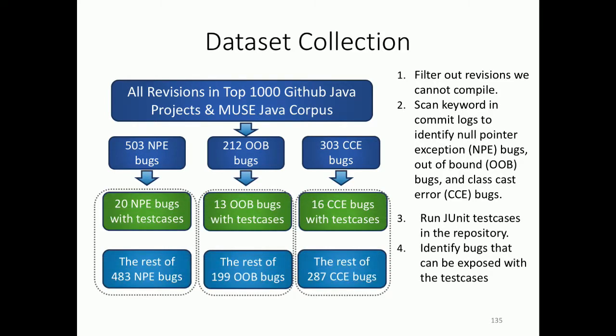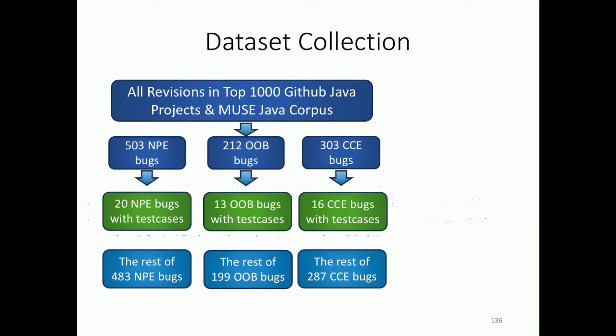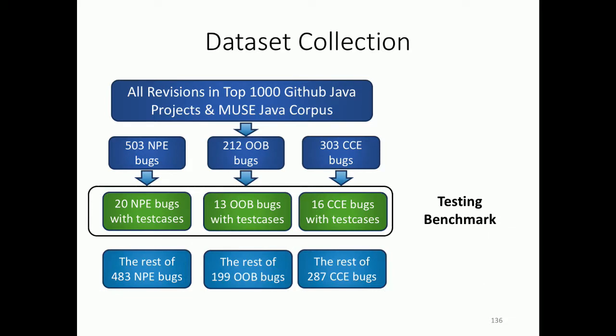So we further collected test cases in those repositories where we found those errors. And it turns out that for 49 of those cases, we have test cases that trigger the error. So we have the original code, the test cases that expose the error, and the later developer patches. We can use them as testing benchmarks for the patch generation results.